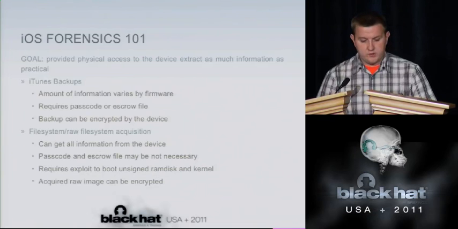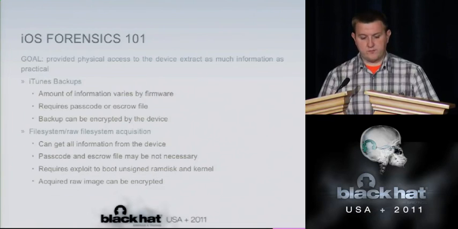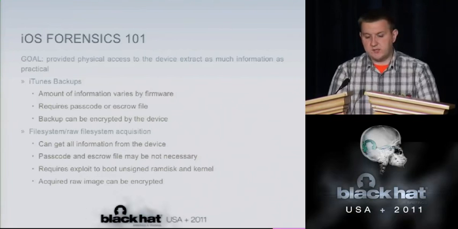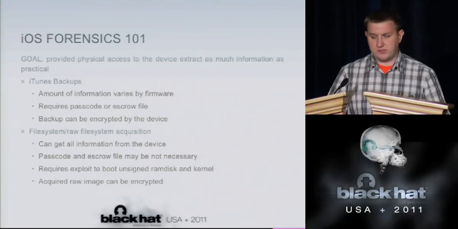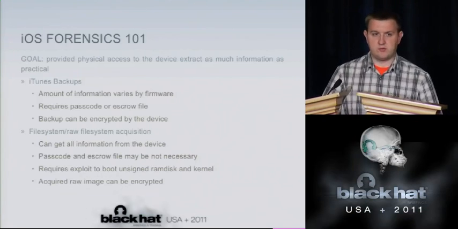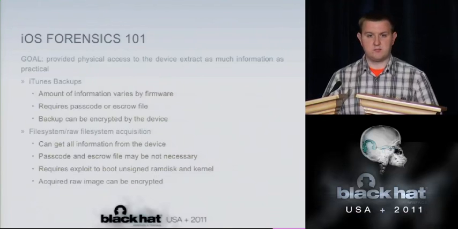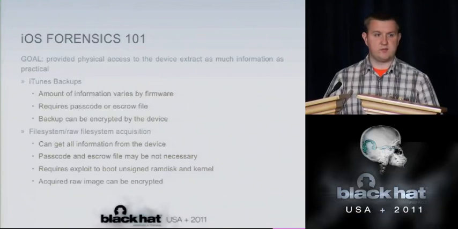The second general approach is to utilize some sort of boot time exploit to load a custom RAM disk and custom kernel on the device and perform the physical or logical acquisition. The difference between physical and logical here is that physical acquisition obtains a raw disk image, so it's like running a DD on the iPhone. And the logical acquisition is just obtaining individual files, some of them or all of them, from the device file system.